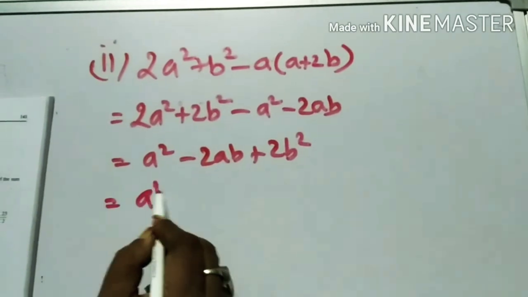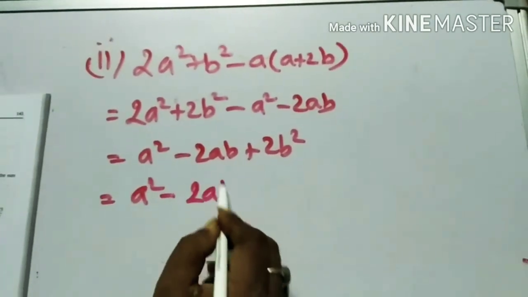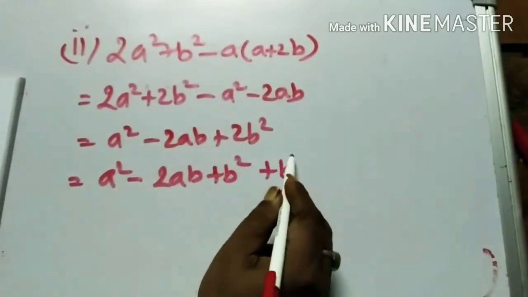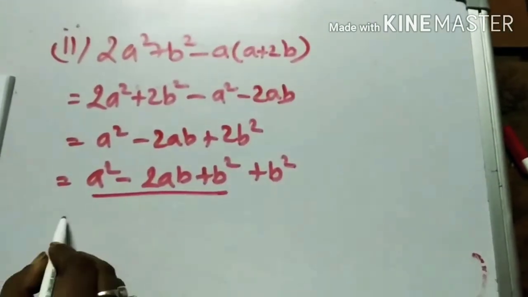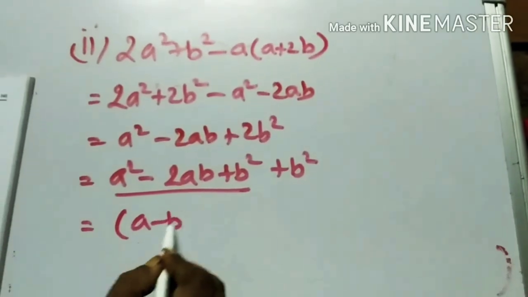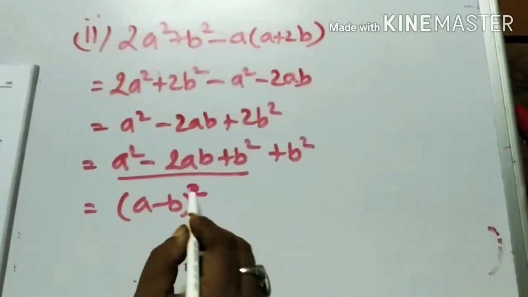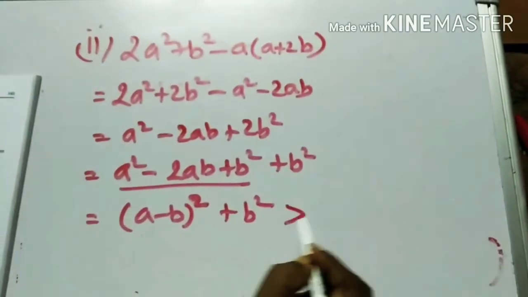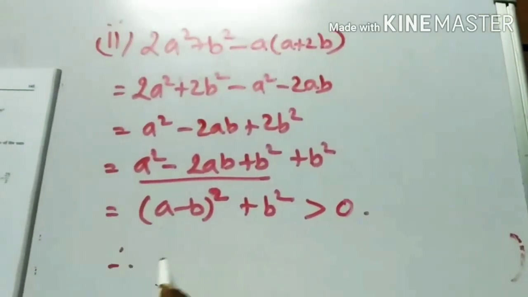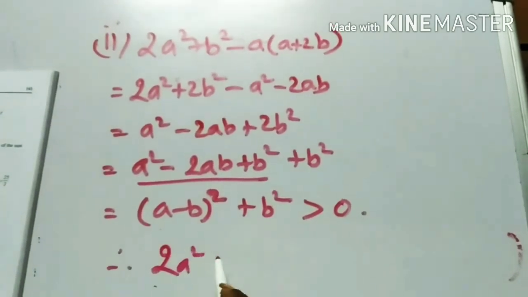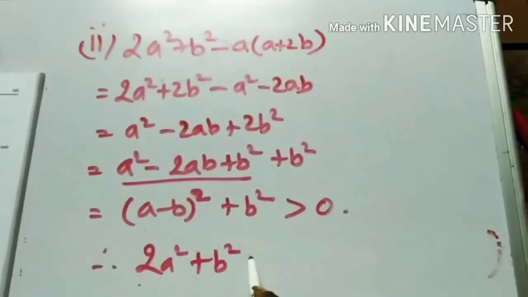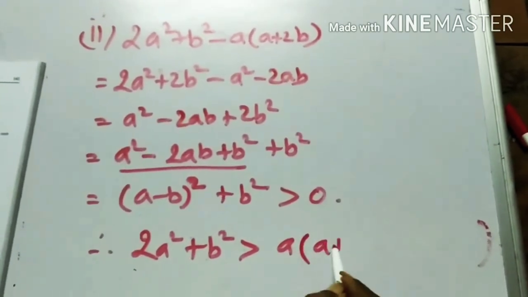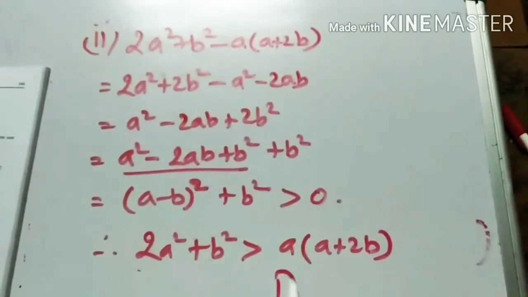So a square minus 2ab, 2ab I can write like b square plus b square. So this will be equal to a minus b the whole square plus b square. So you see, this is greater than 0. Therefore I can conclude that 2a square plus b square is greater than a into a plus 2b. Proved.